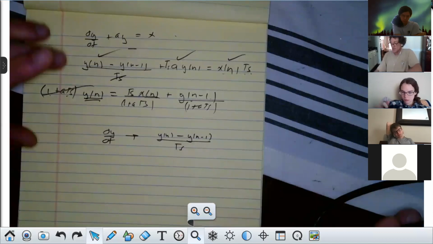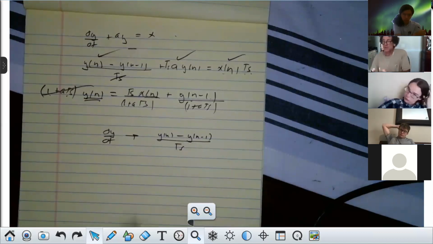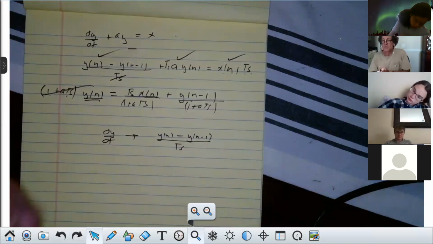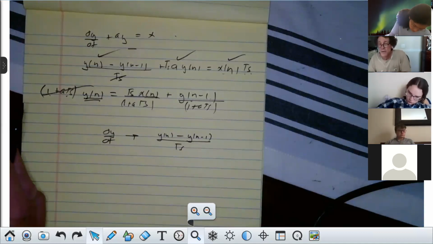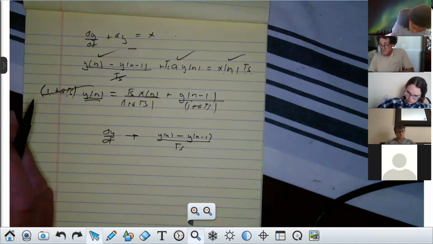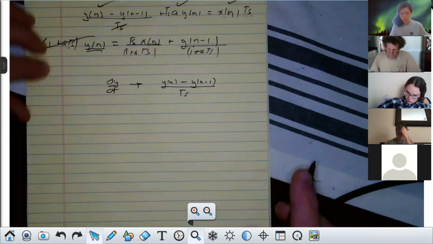But I don't want to mess with that right now. I just want to make sure you understand the relationship between a difference equation and a differential equation, okay? The two are exactly equated for a sampled signal. They become identical. That's the only thing.